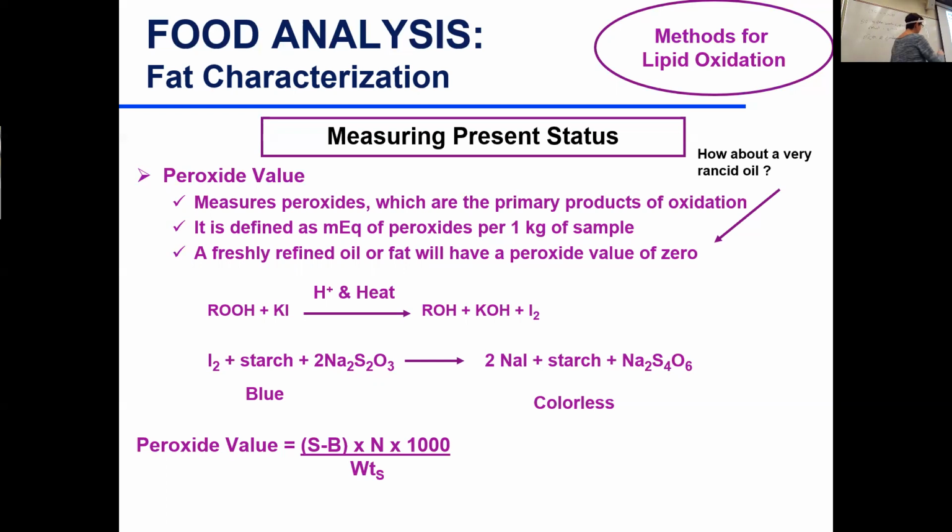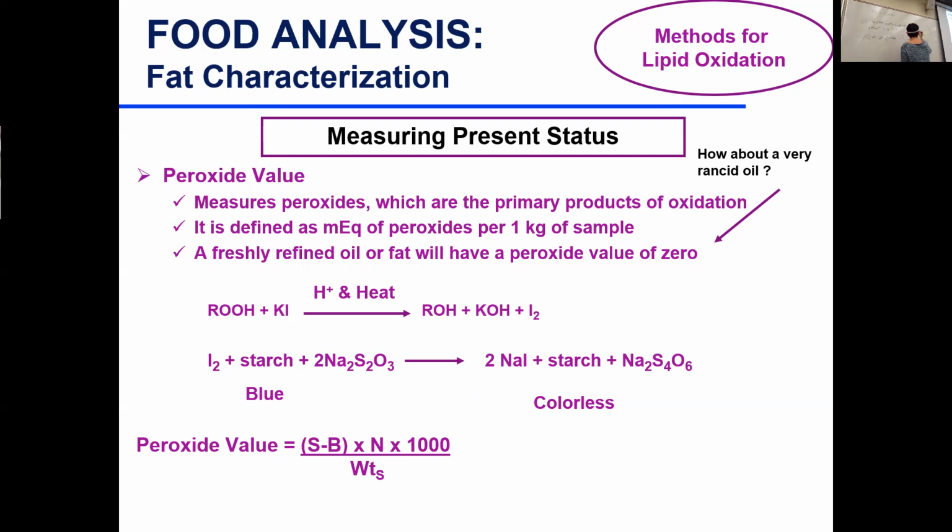So at the end, it's like a curve, and that's what you're going to see in the lab when you measure peroxide value of oil that has been stored at different time points. The expectation is to see, this is time, this is peroxide value, a bell shape.